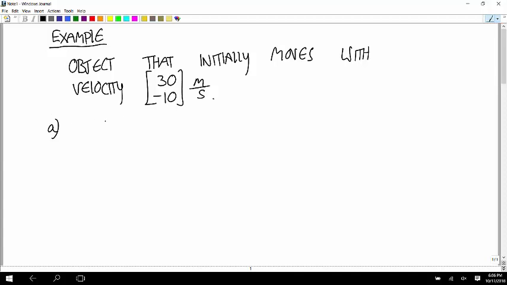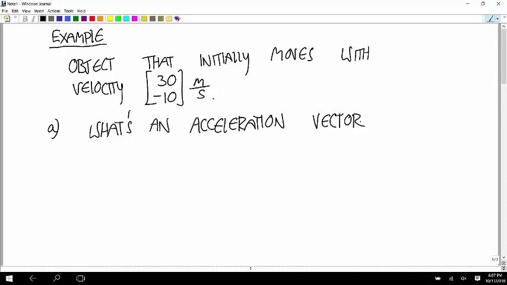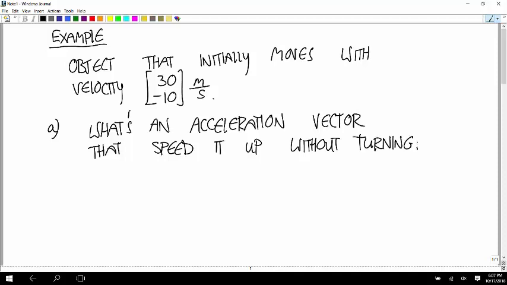So first, what's an acceleration vector that would speed the object up without any turning? And second, what's an acceleration vector that would slow it down without turning?